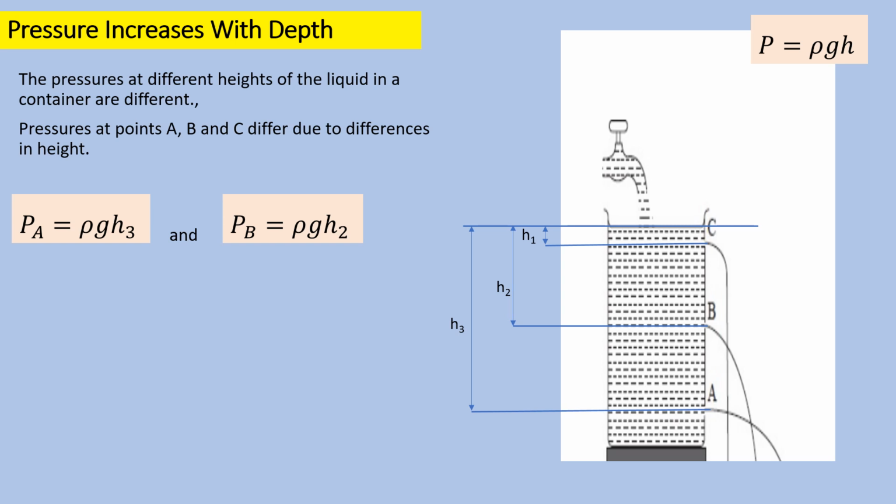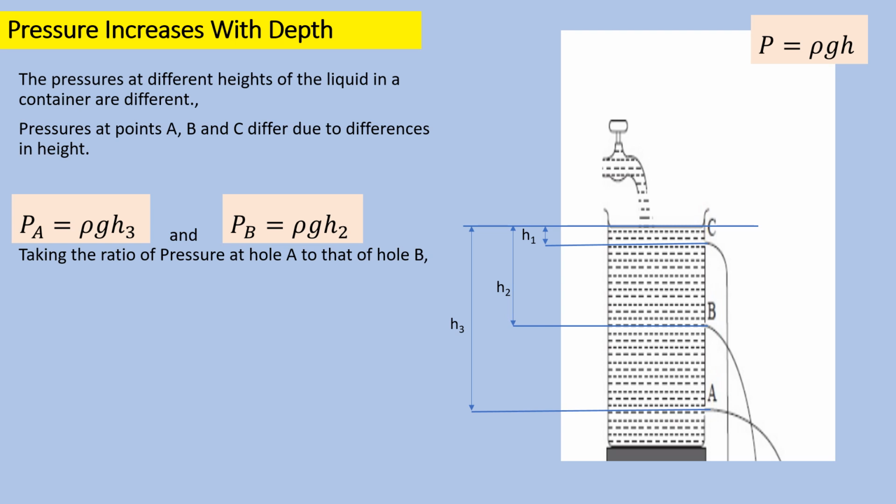Because H3 is greater than H2, automatically pressure PA, or pressure at point A, will be greater than pressure at point B, which will be greater than pressure at point C. So PC is equal to rho g H1. So this illustrates why we can say that pressure increases with depth.